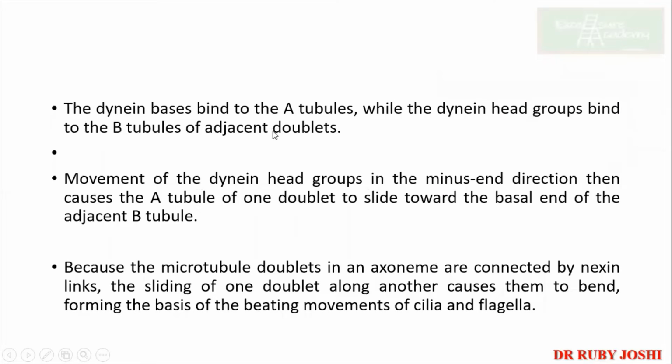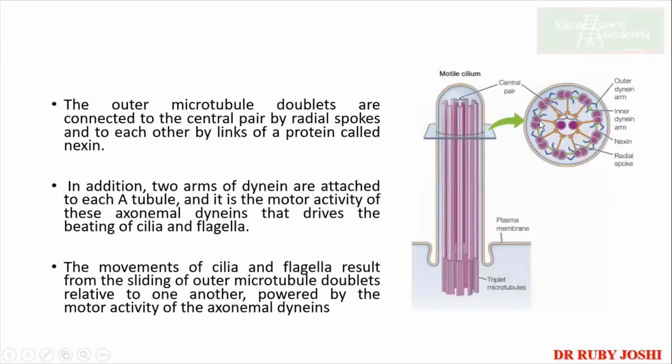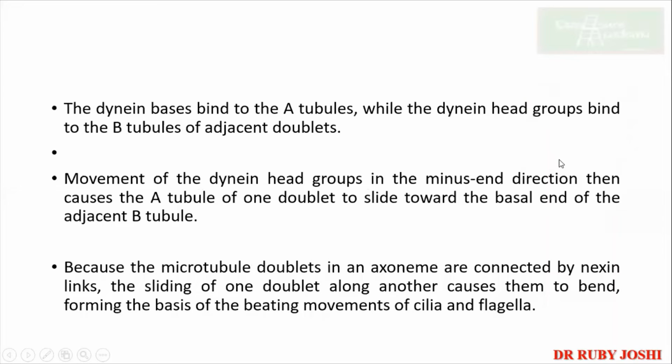The dynein bases bind to the A tubule while the dynein head groups bind to the B tubule of the adjacent doublet. See, here is your B, this is A, so the head will go toward B.